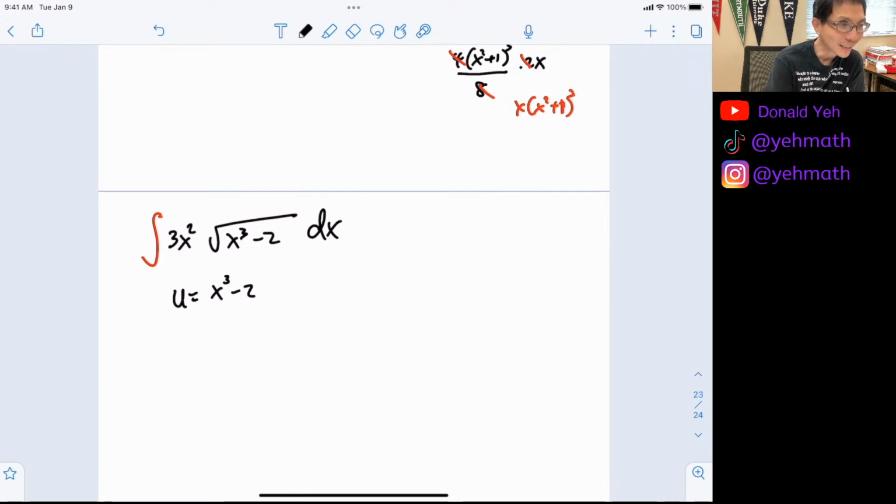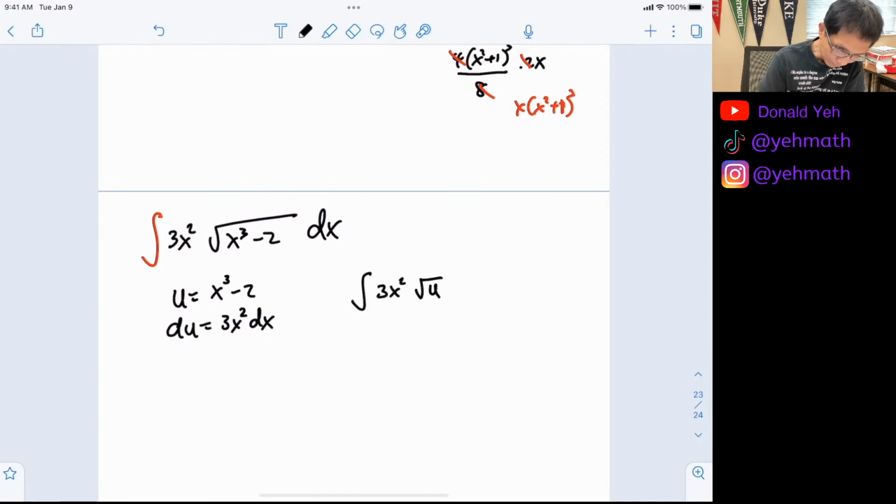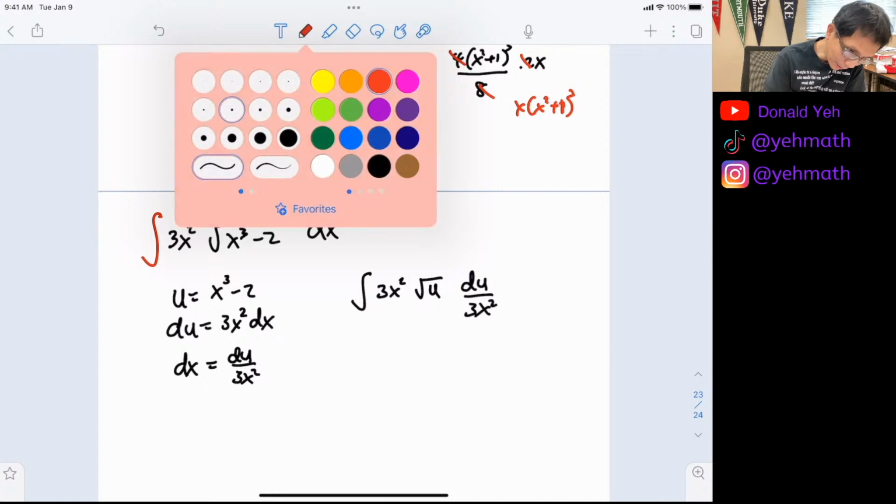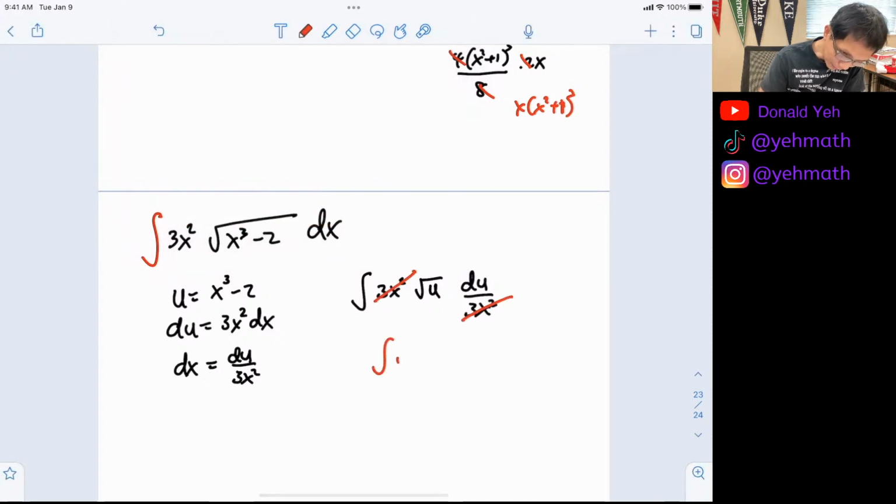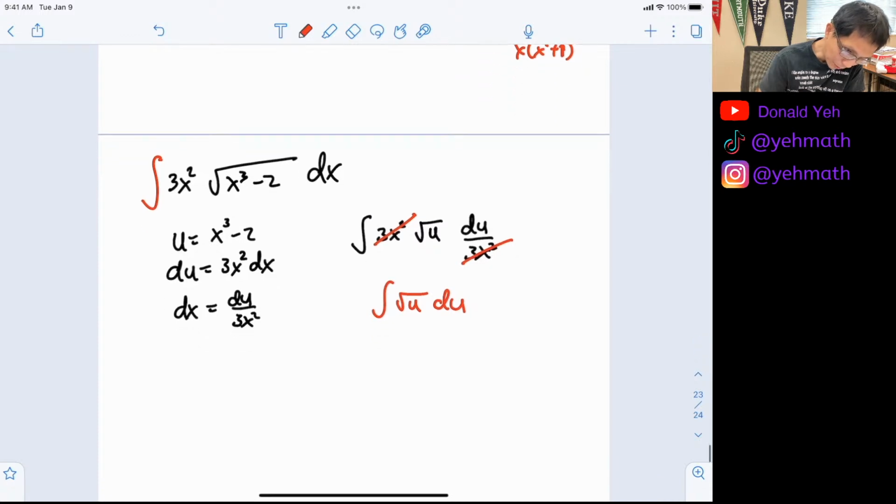Okay, I like now what you did. du is what? 3x squared. So if I evaluate dx, it's going to be du over 3x squared. And guess what? This thing will cancel out completely, which is nice because that's u to the 1/2 power du.